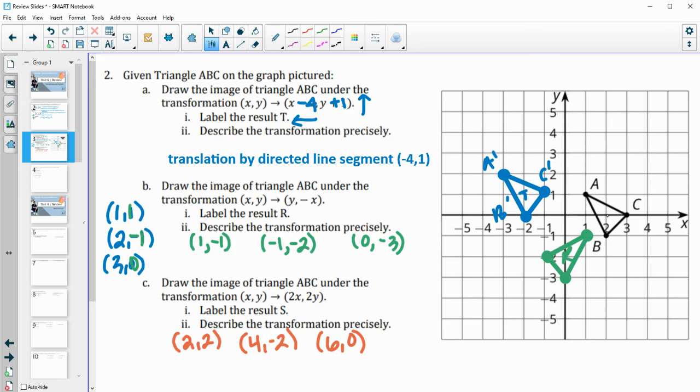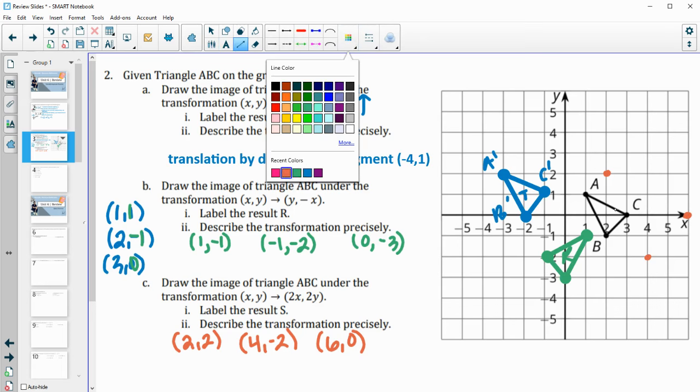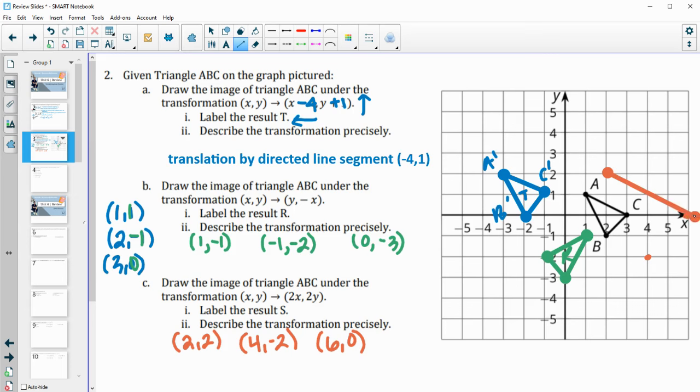And then plot the points. So (2, 2), (4, -2), and then (0, 6). Connect those. And label that one as S.